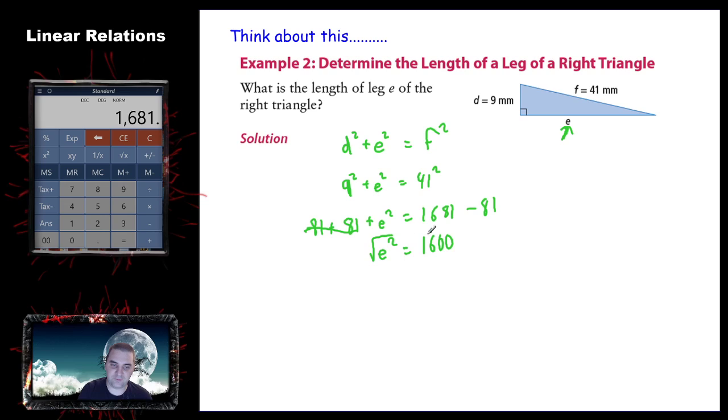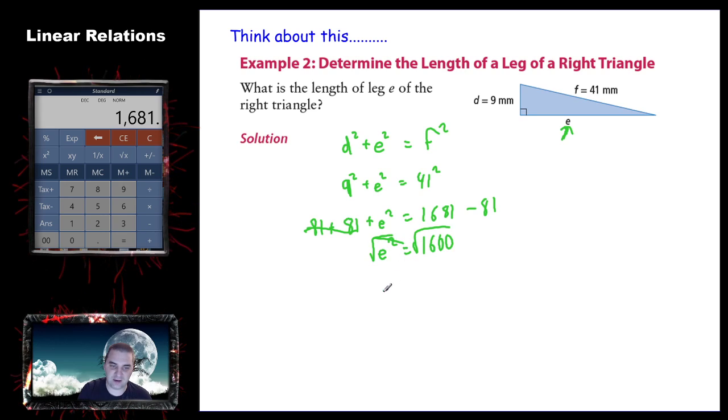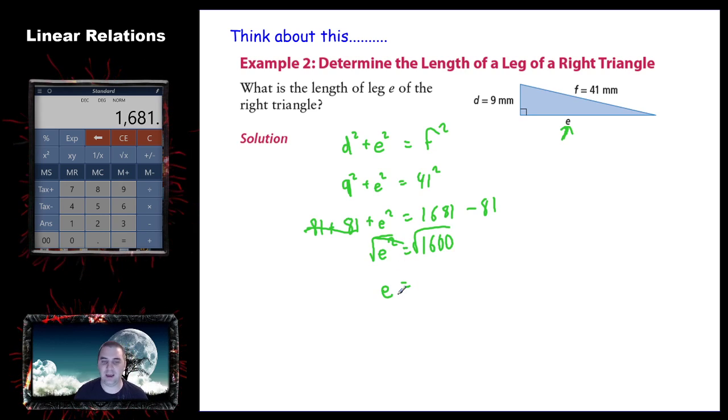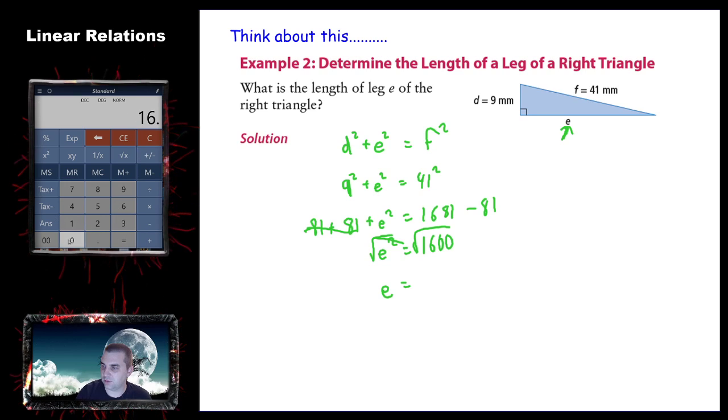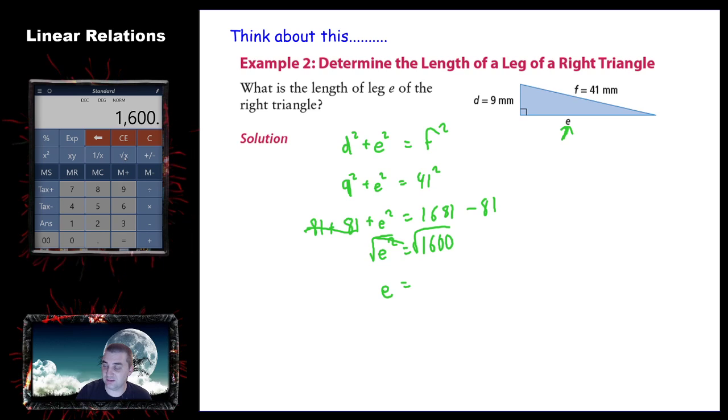Now we're at the same kind of thing. We want to get rid of the square, so we take the square root of both sides to give us e. And the square root of 1600, well, what do you think the square root of 1600 is just by looking at it? What's the square root of 16?